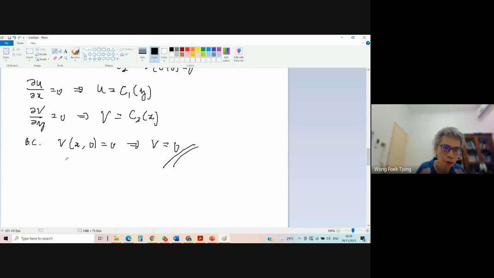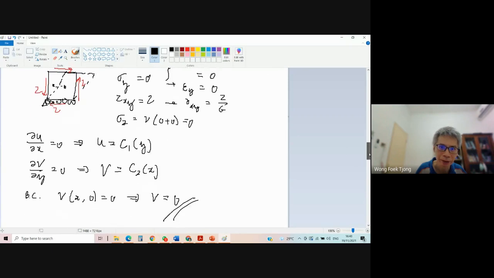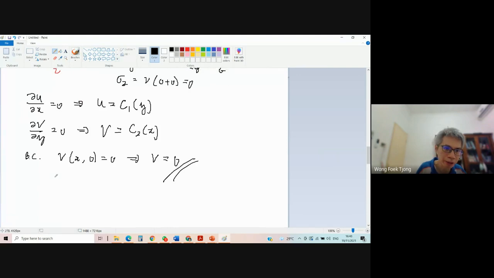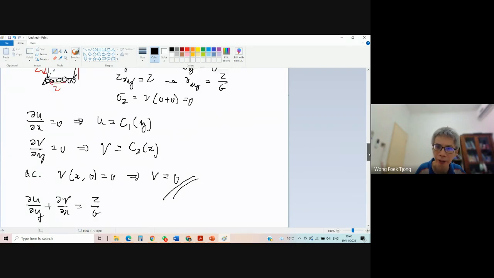To solve this one, from the shearing strain. Shearing strain is constant. What is shearing strain? According to the kinematic equation, partial u with respect to y, in opposite, this is xy, plus partial v with respect to x, equals tau over G. That's from this condition, right?